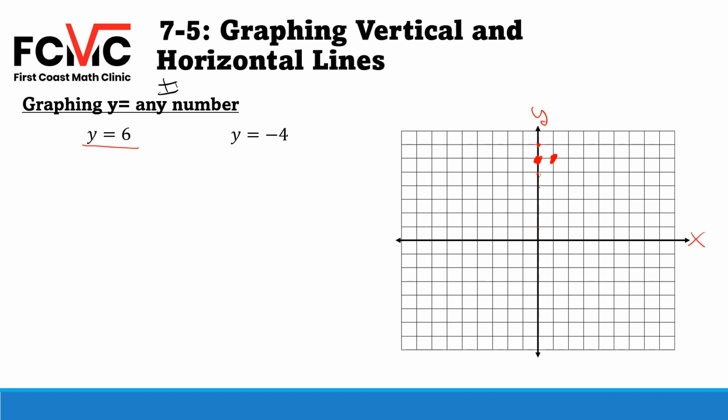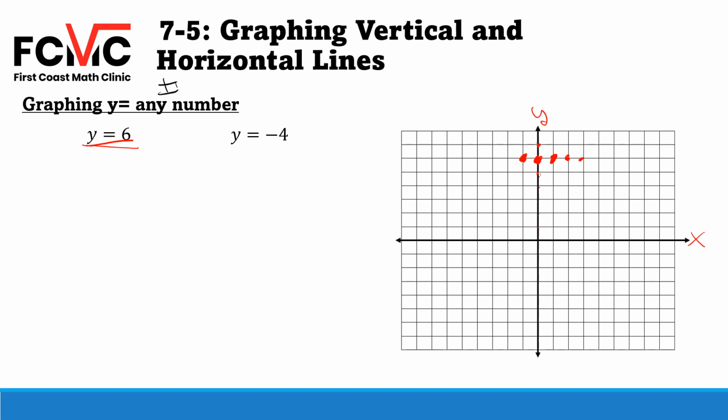If I move to the left, y is still 6. My height is still 6. So I'm going to move to the left and the right to keep my y value equal to 6. My x value is changing: here x is 0, here x is 1, here x is -1, but my y value is staying the same. So I'm going to move left and right to graph this line.